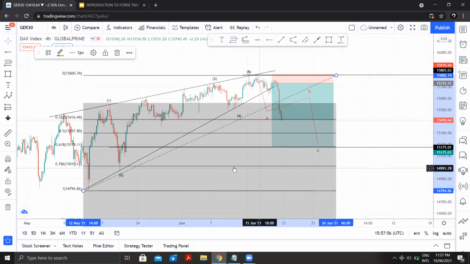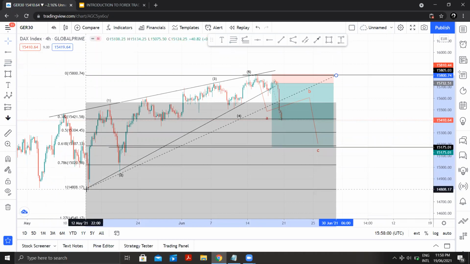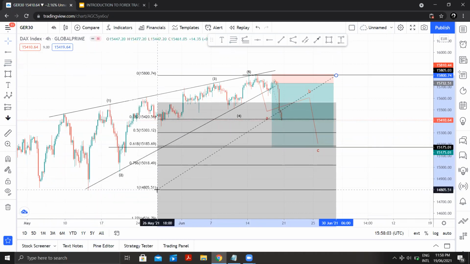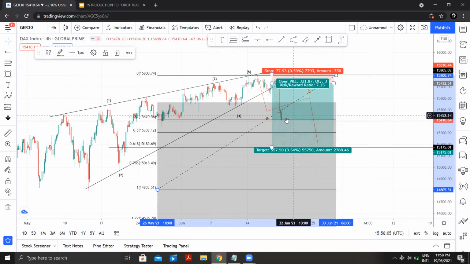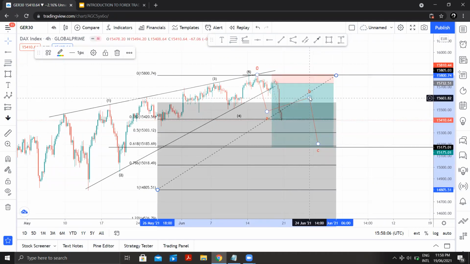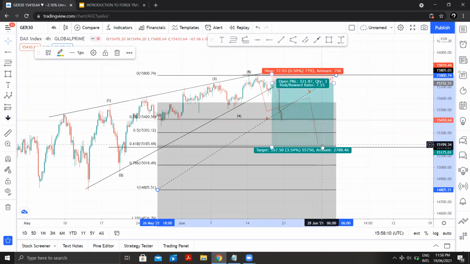Okay, this is it. Our 0.618 is here. So I expect price to retrace back up. After the retracement, we've seen it be in place after price retraces to the upside.